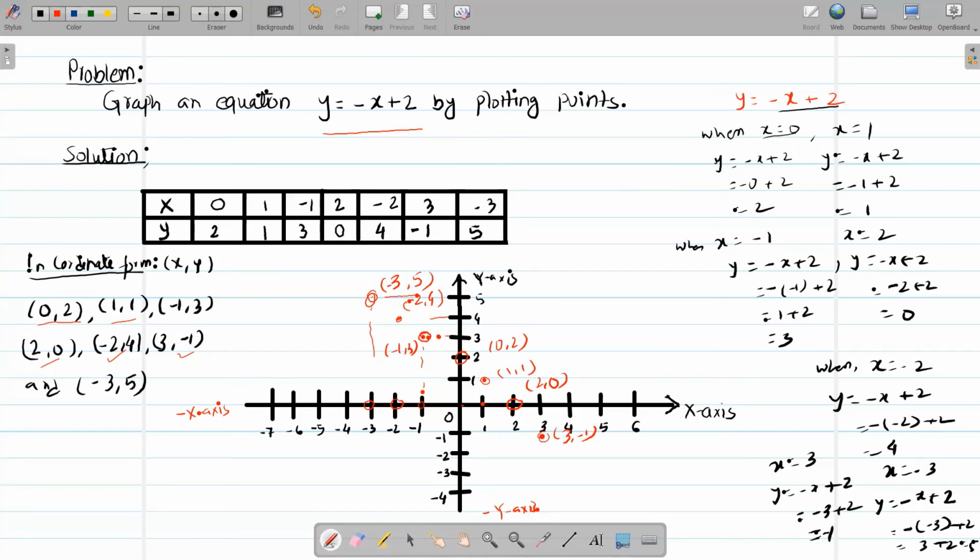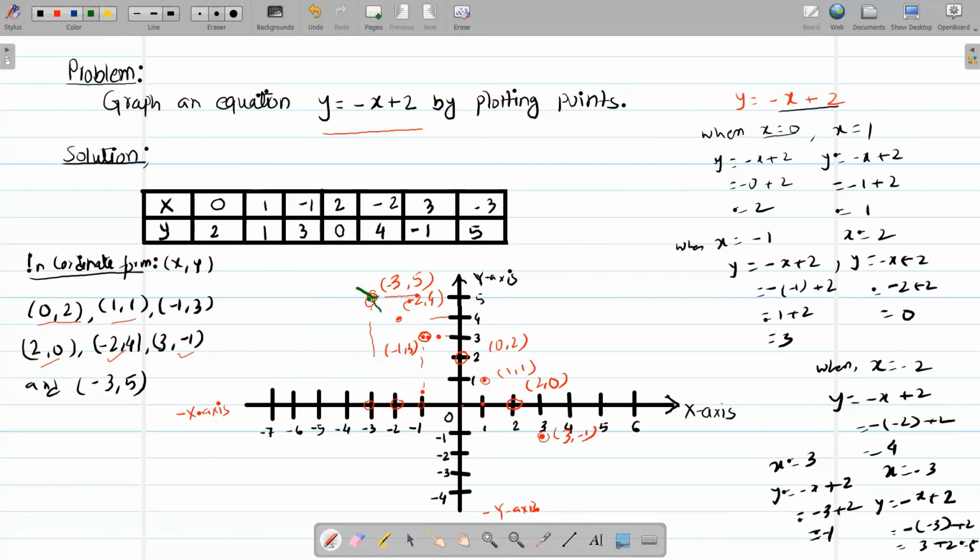Now if you join those points, you will get a straight line.